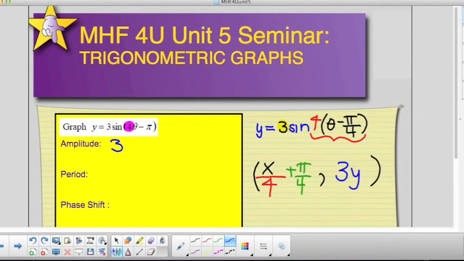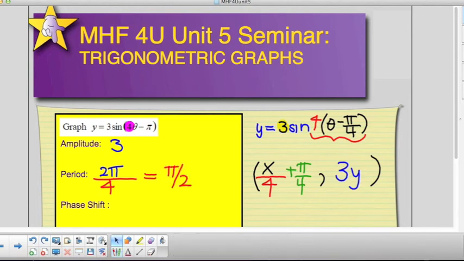So before, it took from 0 to 2 pi in order to complete one full cycle. This time, my formula is 2 pi divided by k. I have actually a horizontal compression. So 2 pi divided by 4 can be reduced to pi over 2, which is 90 degrees.